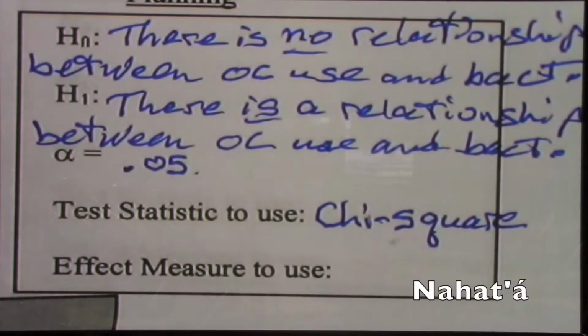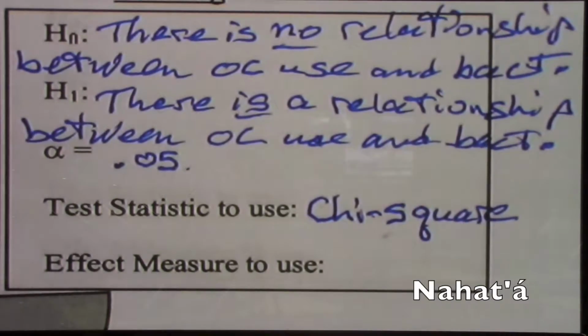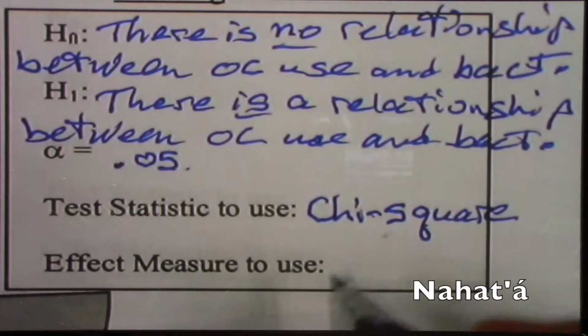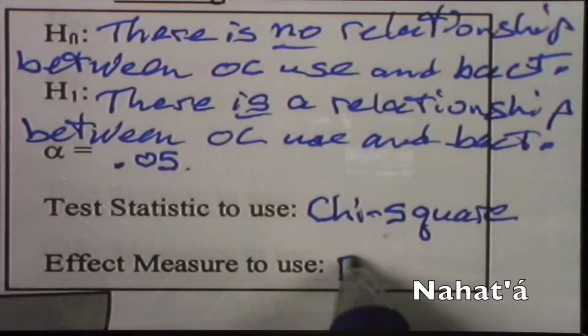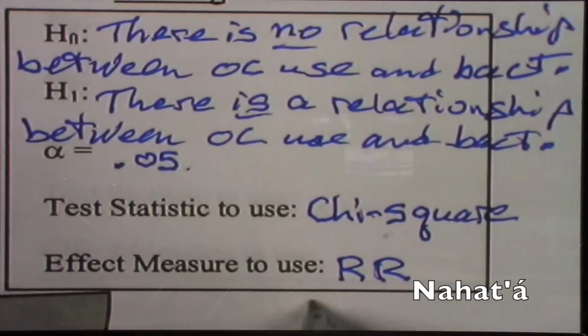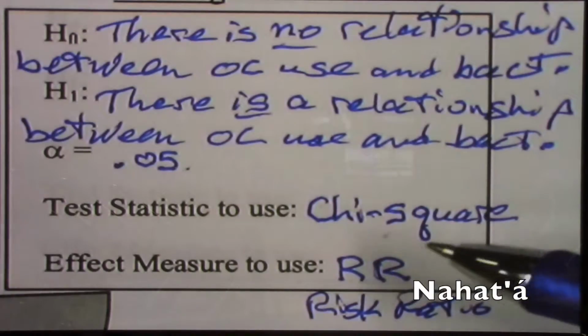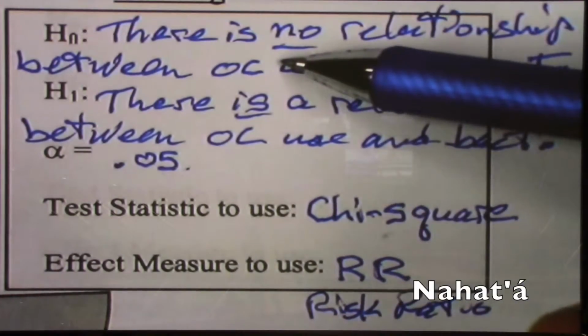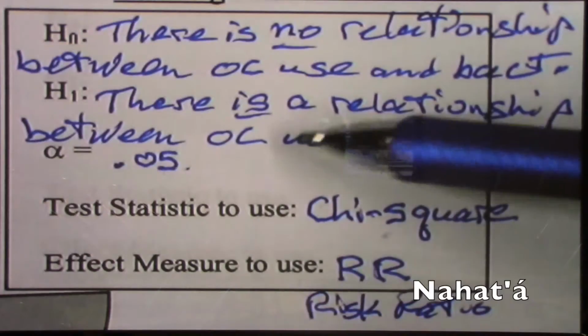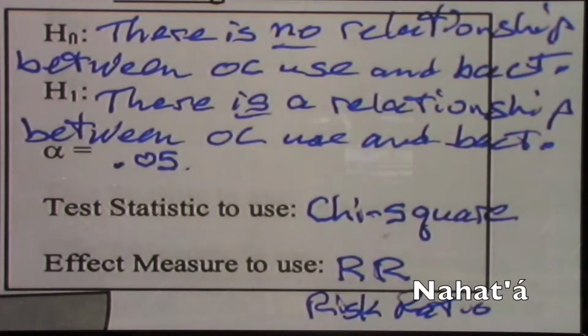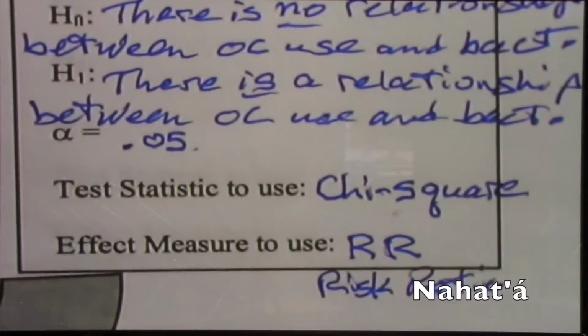The effect measure, the measure we're going to use of how strong the relationship is between the exposure and the outcome, in this case is the RR, the risk ratio, just exactly like from chapter 3, where we get the rate in the group that uses the oral contraceptives, and then the rate of the illness in the ones that do not use the oral contraceptives. We're going to divide and get this risk ratio, and that will be what we look at to see if there's much of a relationship there or not.